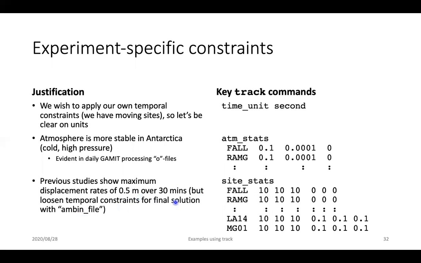So from that, we can calculate again a variance that we can apply to the moving sites during the time of motion, in meters squared per second, that would basically add up over time to allow about 0.5 meters over 30 minutes.